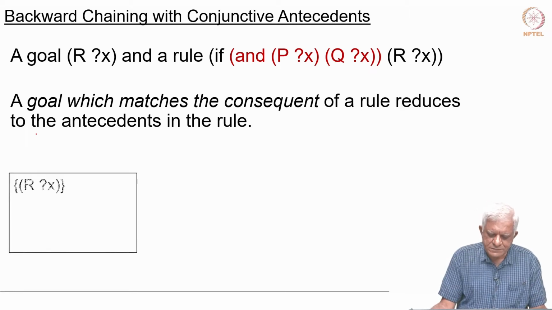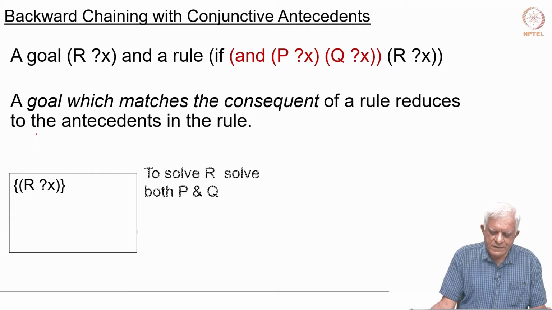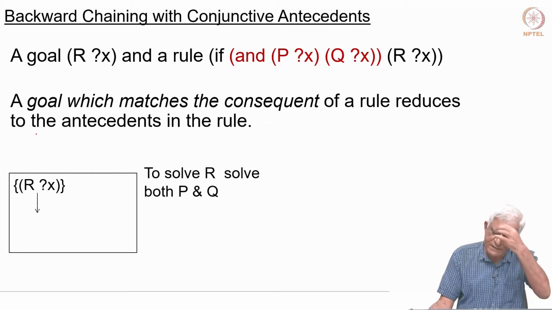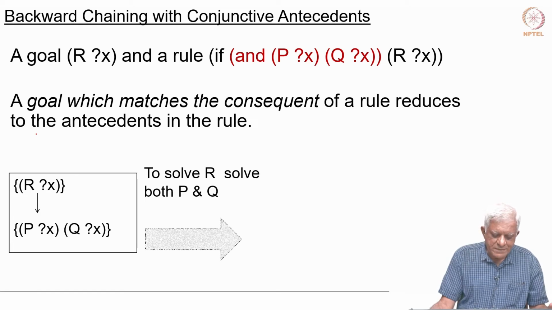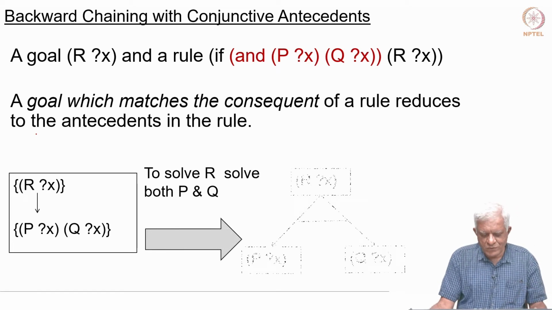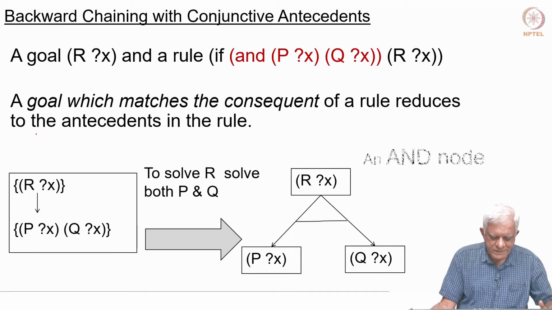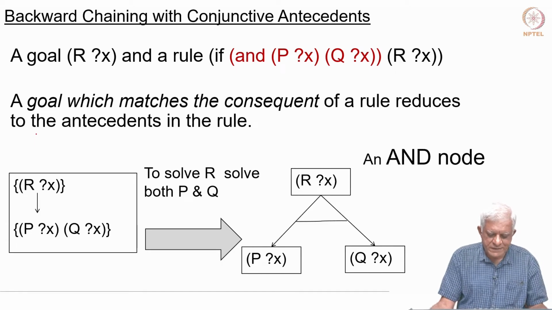Then we start with the goal R of x, and then it means we have to replace it with two goals, P of x and Q of x essentially.